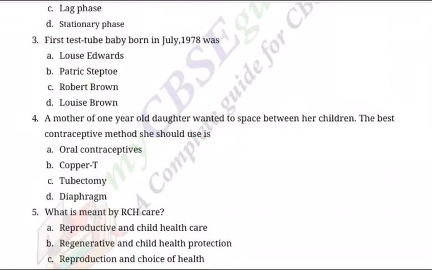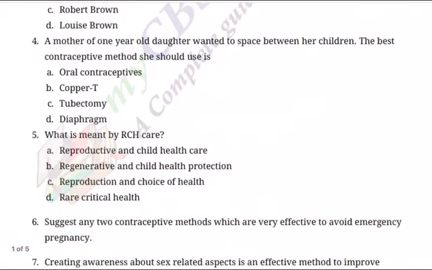Question number 4. A mother of a 1-year-old daughter wanted to space between her children. The best contraceptive method she should use is oral contraceptives, copper T, tubectomy and diaphragm. Next, question 5. What is meant by RCH care?